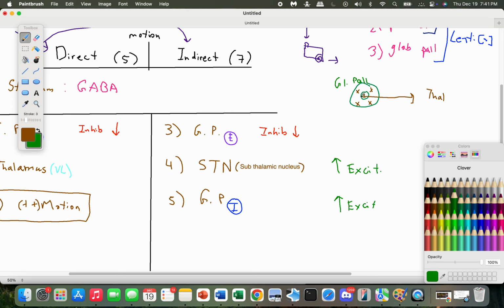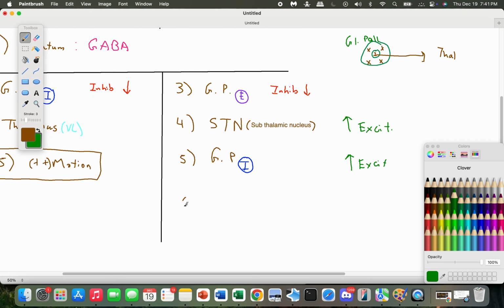Only the internal structure of the globus pallidus can talk with the thalamus. Well, guess where we are? We're at the globus pallidus internal structure. So that means our next step is going to be talking to the thalamus. Okay, and what part of the thalamus are we talking with?